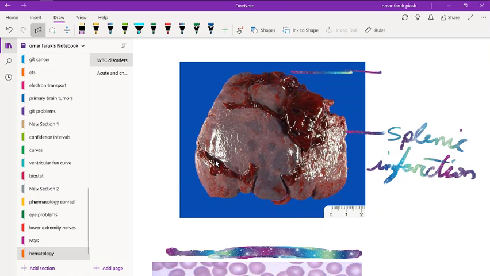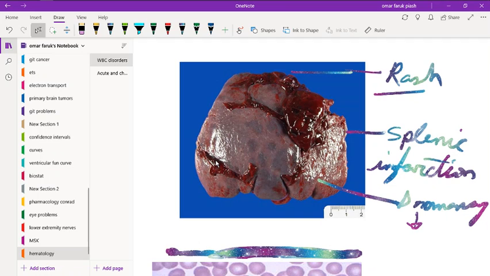First of all, I am discussing the bad things, then I will go through the normal things. The EBV infection complication is splenic infarction. Then rash can happen if the patient is taking amoxicillin, and there is dormancy, and we know that Epstein-Barr virus actually hides in the B cell.